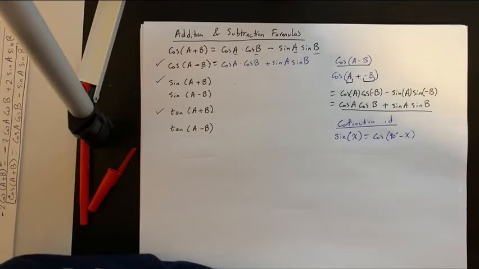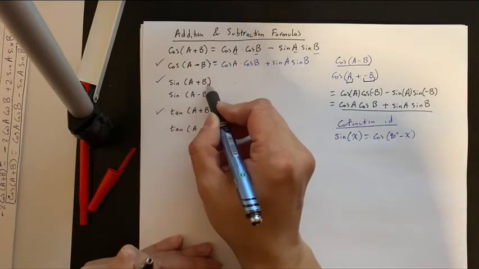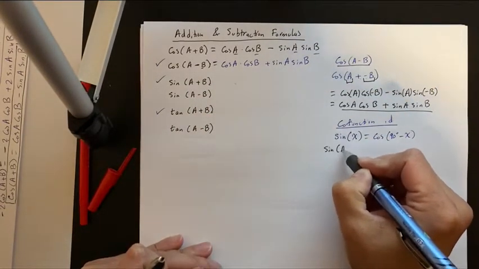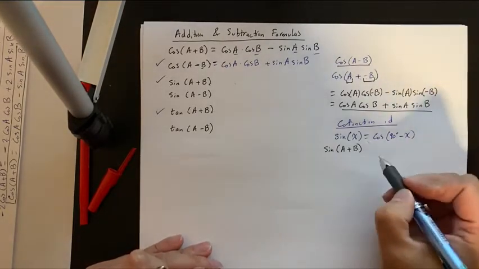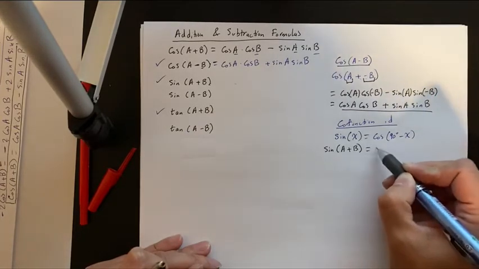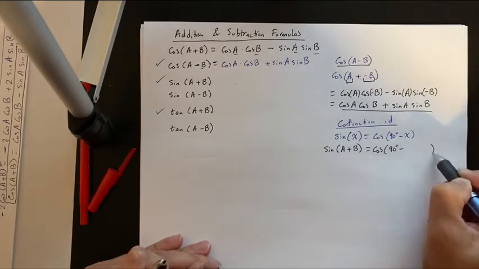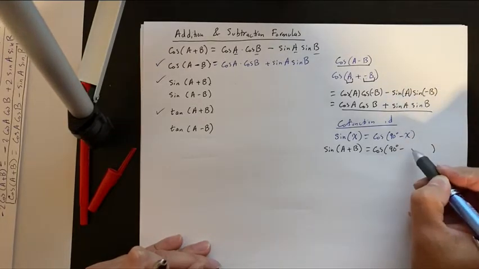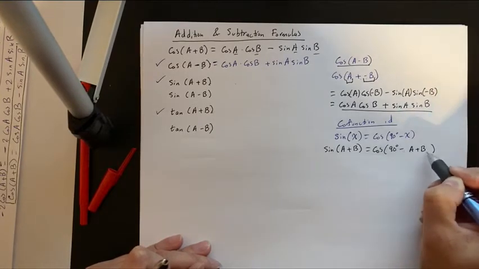Okay. All right. And that means that I can write this sine of A plus B as a cosine now. So what is sine of A plus B? Here you have to identify what is that x. Well, x is the A plus B. So this is going to be cosine of 90 degrees minus what? X. Well, my x now is the A plus B, so it's minus the A plus B, but it's minus the whole thing.